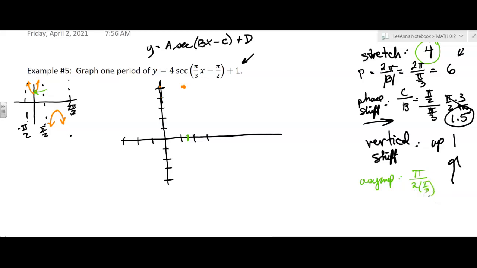So you're going to have pi times 3 over 2 pi. Well, that can't be right. That's at 1.5, and this is a secant curve. I can't have an asymptote there. I must have written something down wrong.